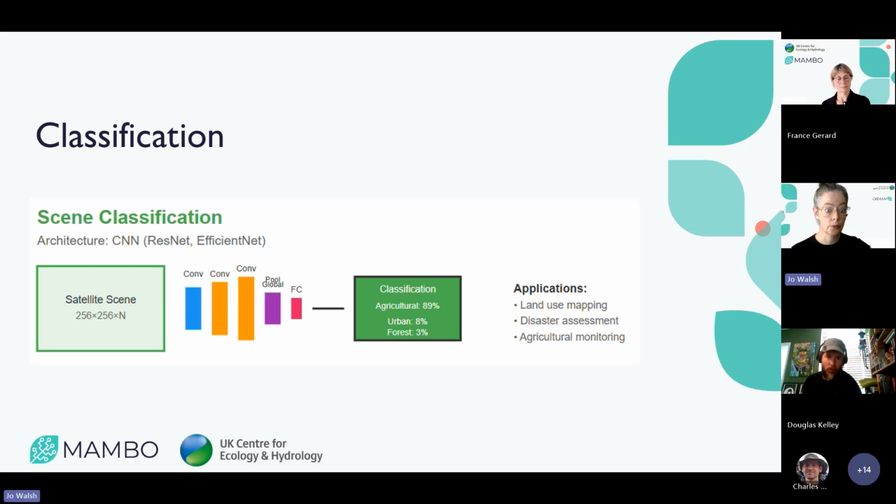These are just giving one or more probable labels to an individual scene.